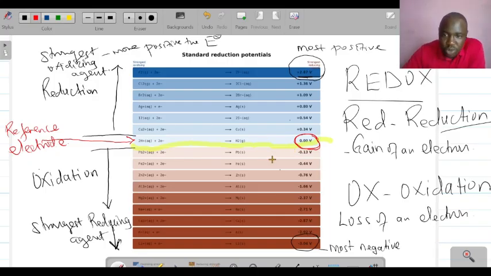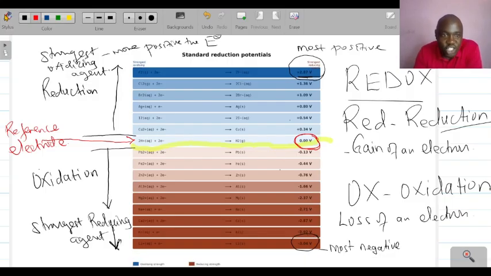We've been able to see how we can be able to interpret the values based on redox reactions. I would like us to have an example to see how we can apply this knowledge of getting to know what undergoes reduction, what undergoes oxidation, as well as in terms of reducing agents and oxidizing agents.